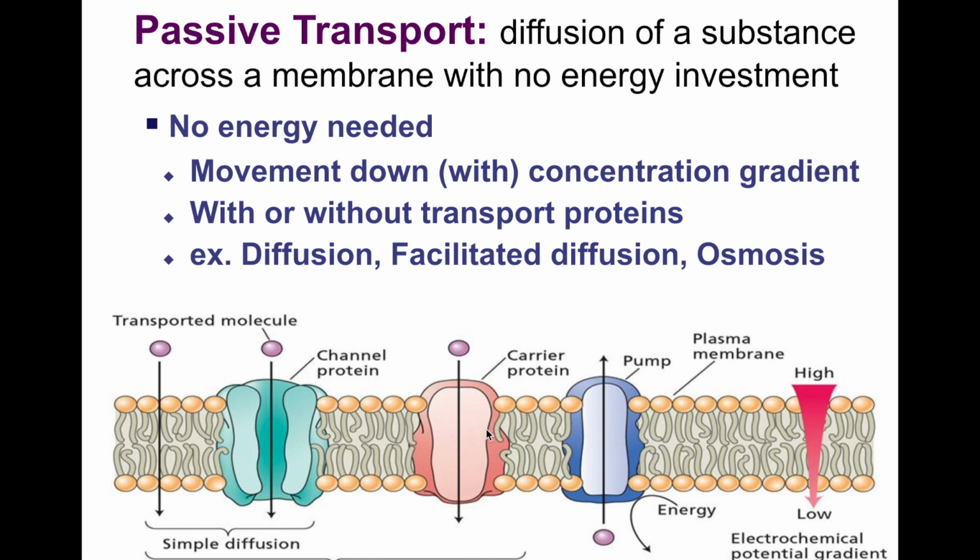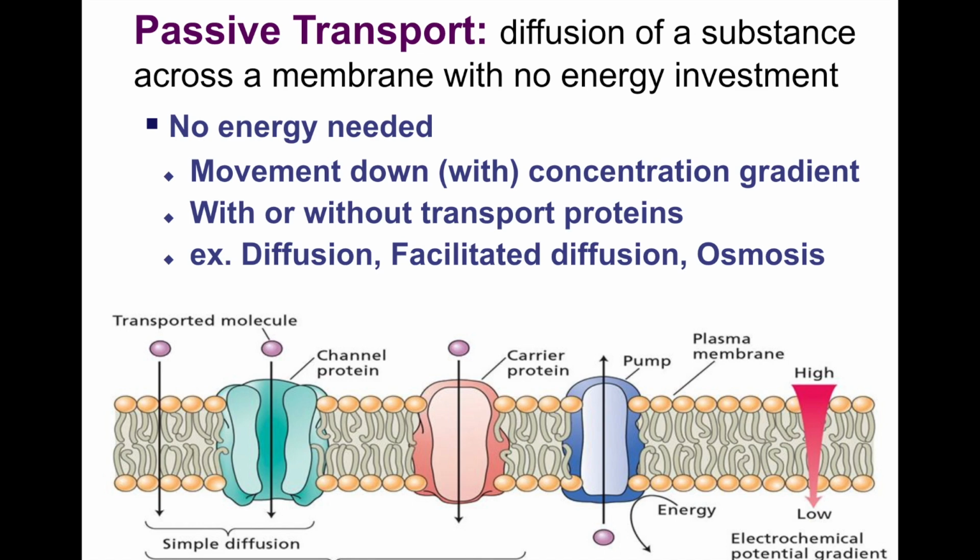A carrier protein is a protein that can kind of swing and manipulate itself so it allows transport across a space, while a channel protein is sort of like an open tunnel. It's just a straight open hole that only materials that can fit through can get through it.